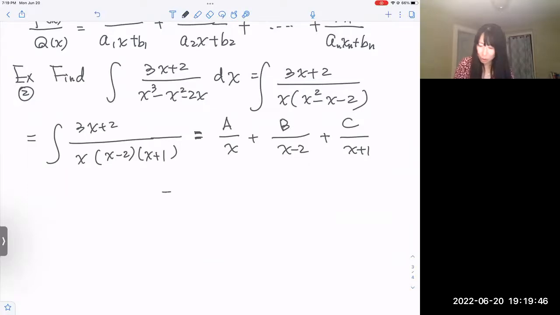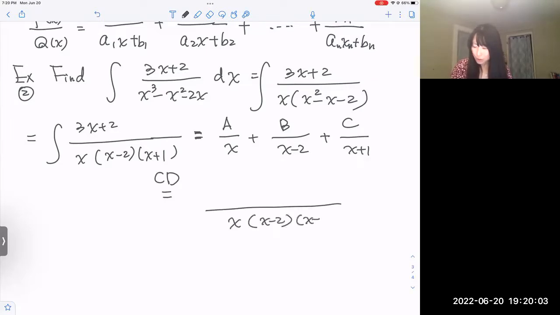We want to make equal to. Now I want to do algebra on the right side, make a common denominator. CD means common denominator. So that is (x - 2)(x + 1), right?